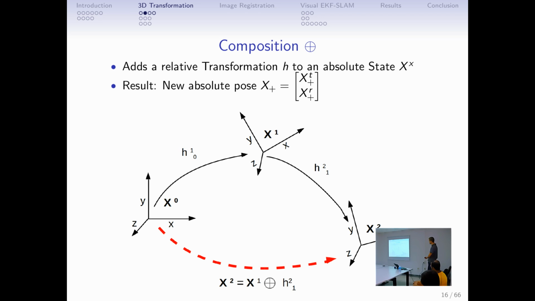The first is dealing with the rotation, the other one is dealing with the translation. And again, an example: if we are here at the state and we get the new measurement of our visual odometry, which is h1 to 2, and we want to estimate where the robot is now, we have to run this equation, which is using the composition operator.